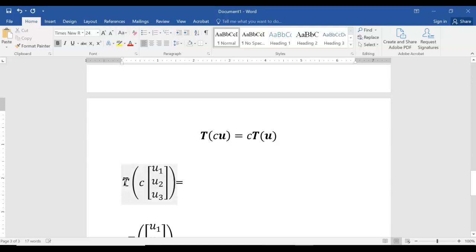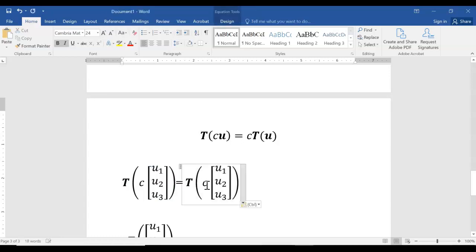All right, so if I apply the constant multiplication first, I'm going to end up taking my transformation of a vector c times u1, c times u2, c times u3.